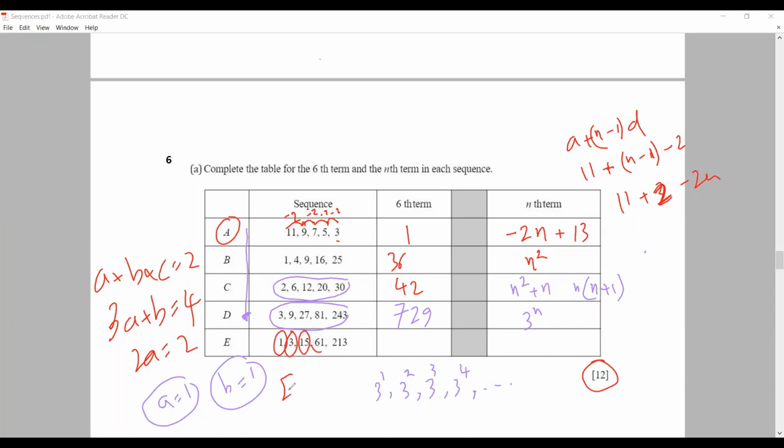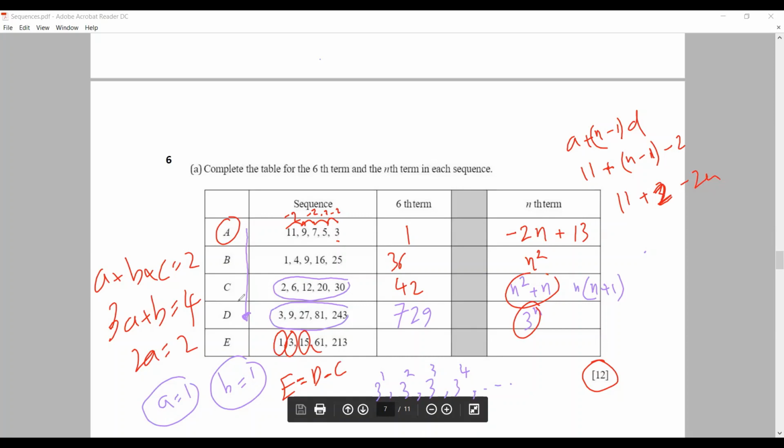So basically E is D minus C. We already found the nth term for D and C, and we found the relation between E and these two sequences. The nth term for E is basically 3 raised to the power of n minus n times (n plus 1), right? So that's it.